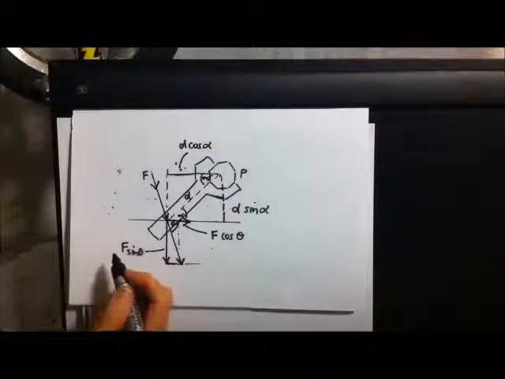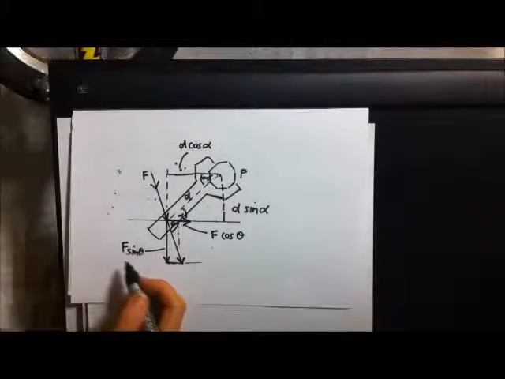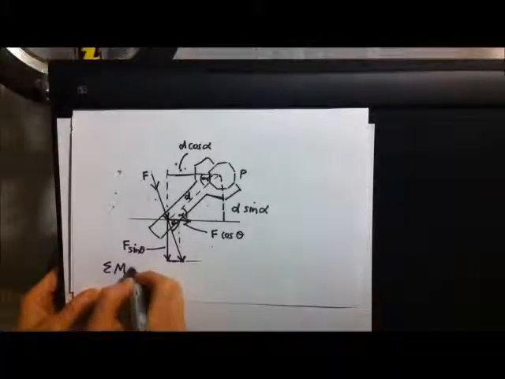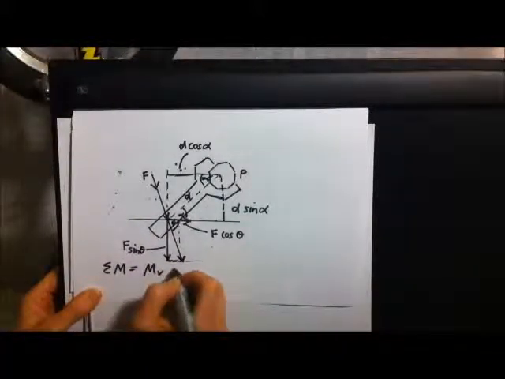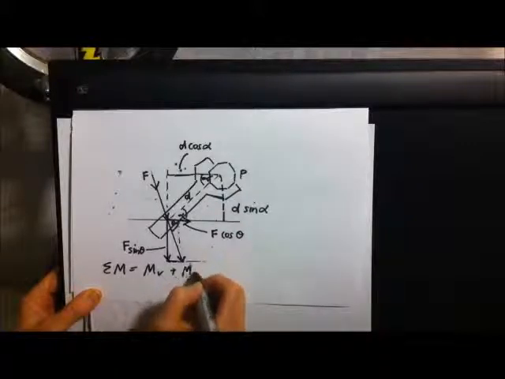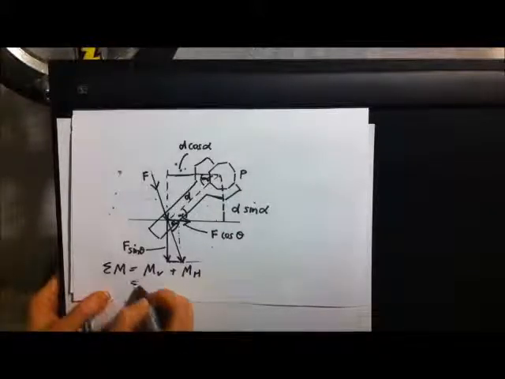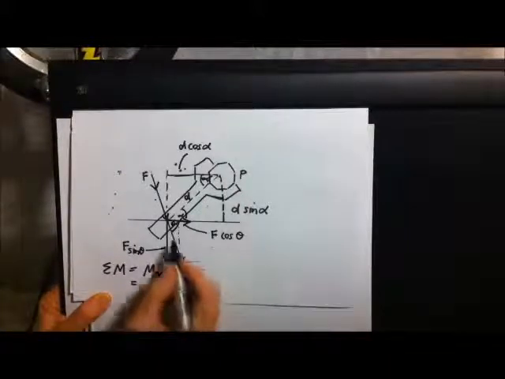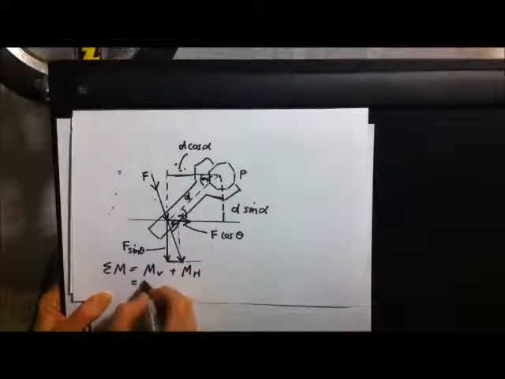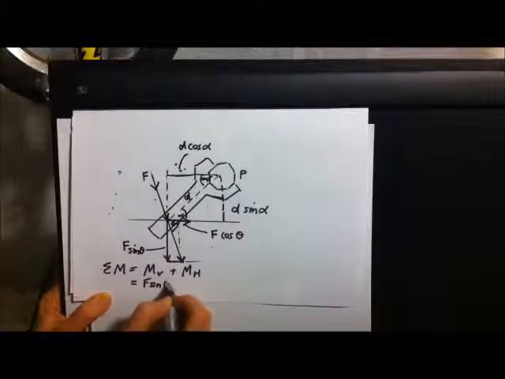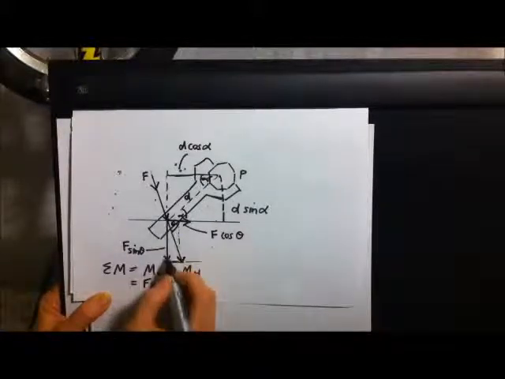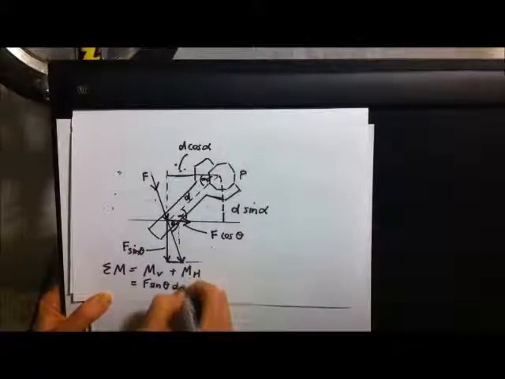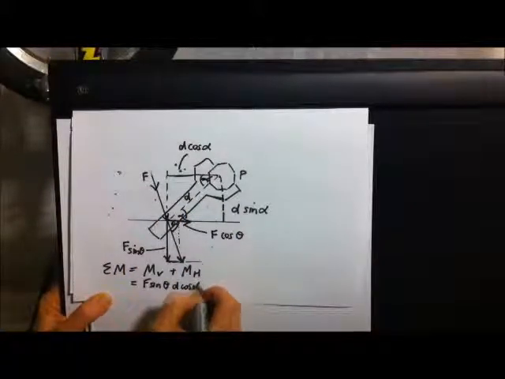So now, the total moments in this system, the sum of the moments, will be the vertical moment plus the horizontal moment. And each of those is force times perpendicular distance. So for vertical, it's F sine theta times its perpendicular distance, which is d cos alpha.